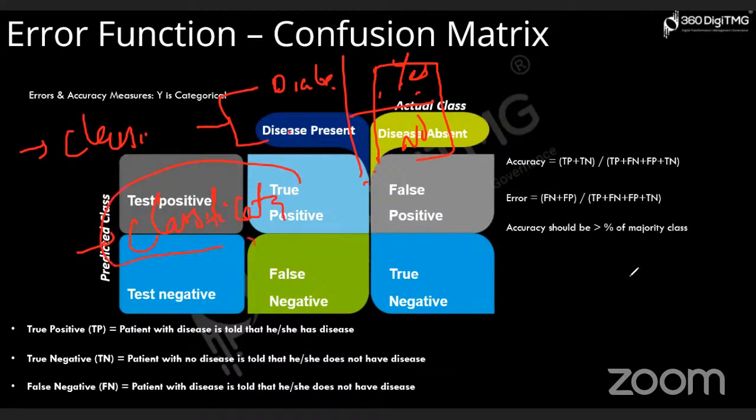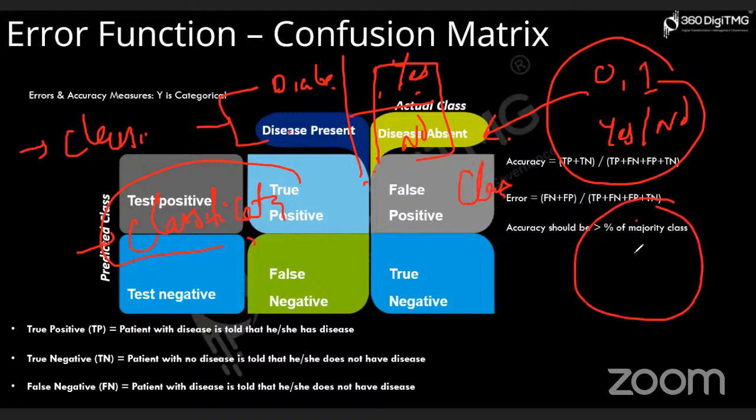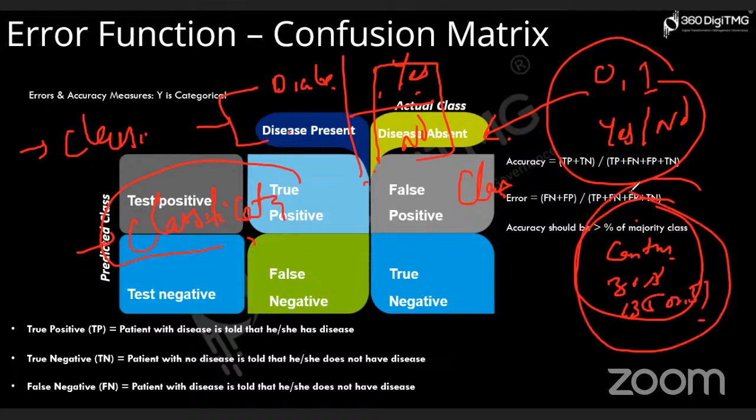Whenever our output is discrete, meaning 0 or 1, or categorical, that is yes or no, we should go for classification. When the output is continuous, something like 30.5 or 30,500 rupees, you will be going for regression.